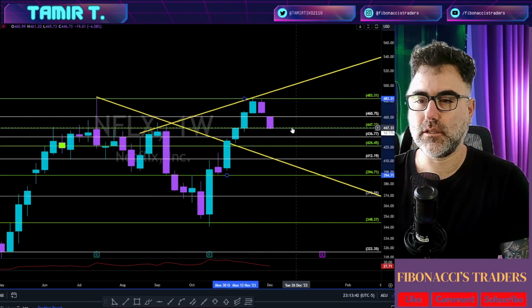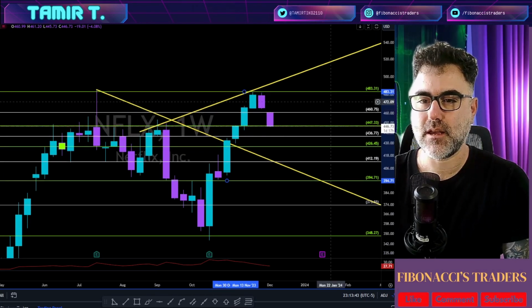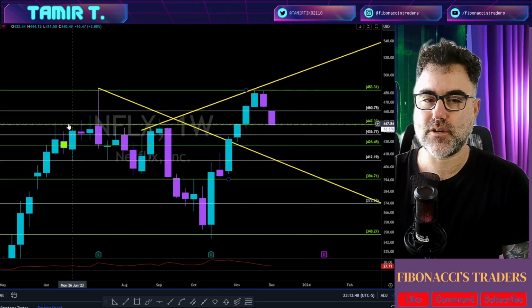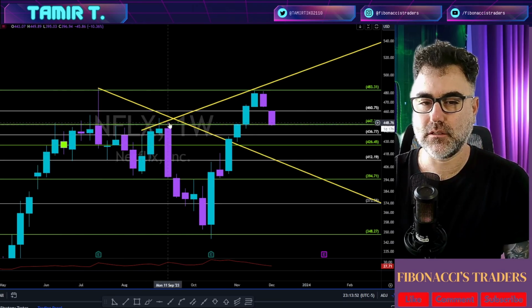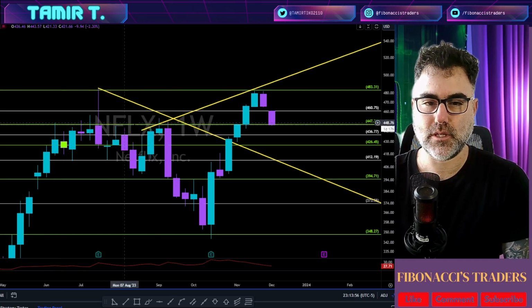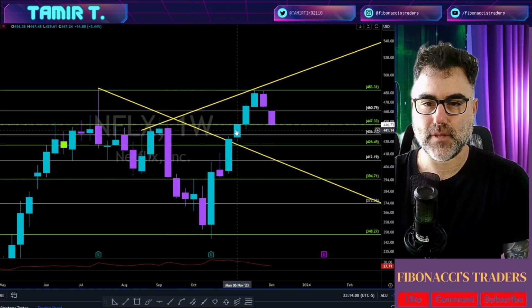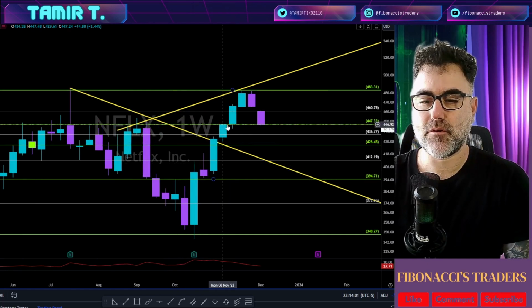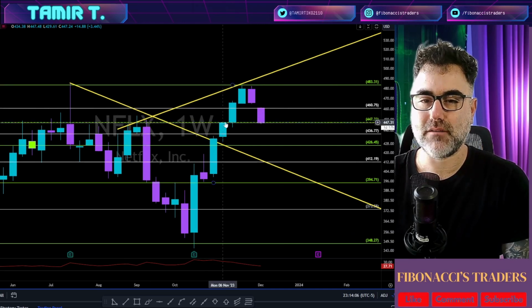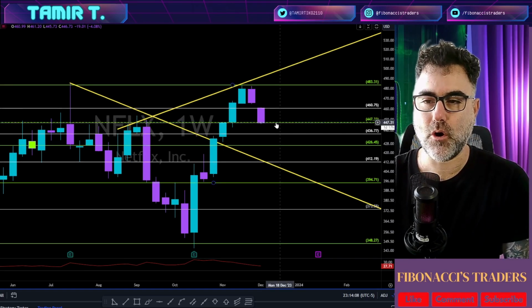Netflix on the weekly, broadening formation. Now struggling to hold above the 447. Netflix needs to hold above the 447. 447, as you can see, was a very difficult area of resistance since June of 2023 towards September. And then only in the beginning of November, it succeeded to break above it. Now retesting it as support.